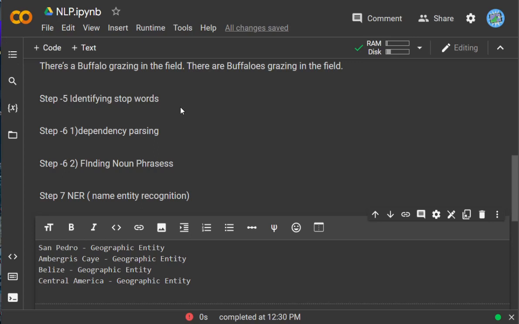The basic purpose of the NER model is to just map the text from the sentence into the real physical entities. San Pedro is actually a place in the real physical world, so it will map the San Pedro word to that geographic entity, and so on.